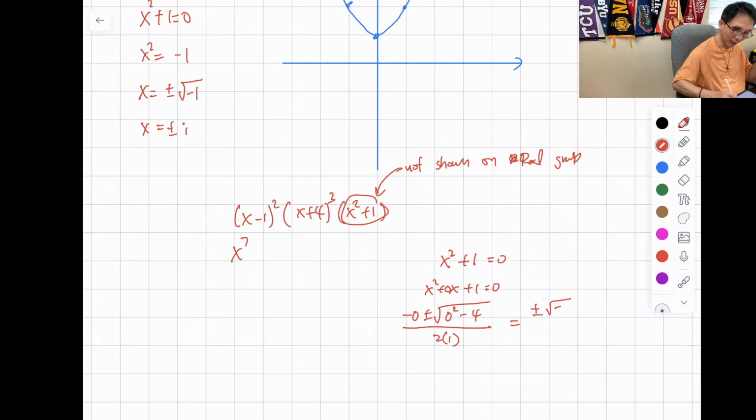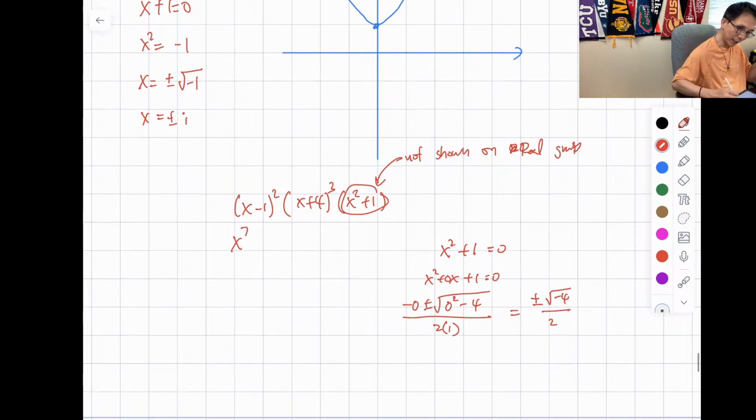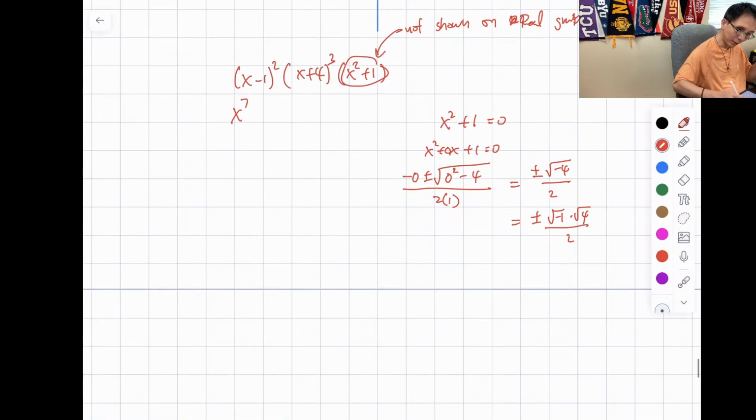So that's going to be the square root of negative 4 over 2, and that's why you get plus minus the square root of negative 1 times 4, which is 2 times the square root of 4 over 2. And that's what's going to give you plus minus i. So imaginary solutions always come in pairs.